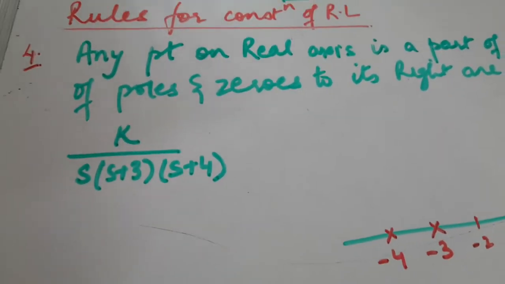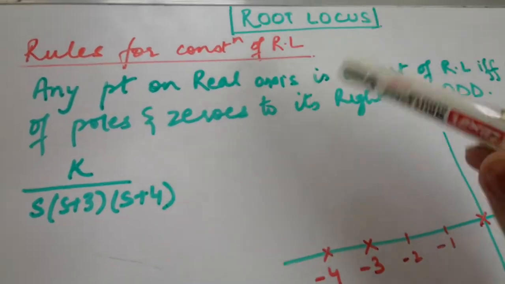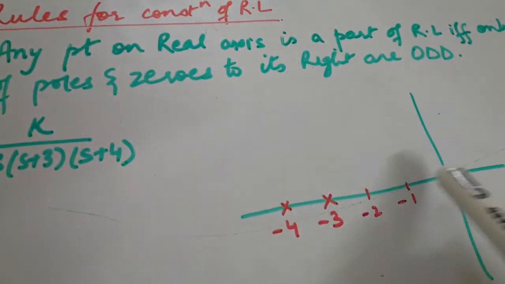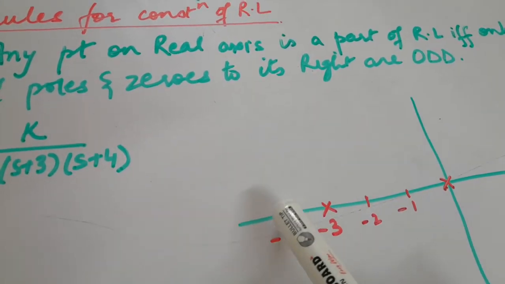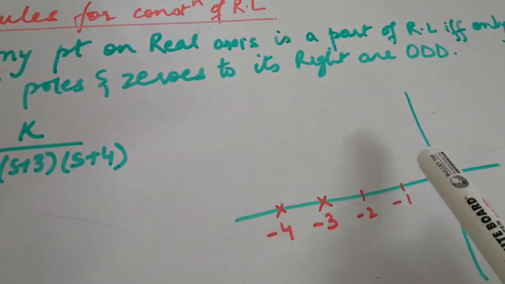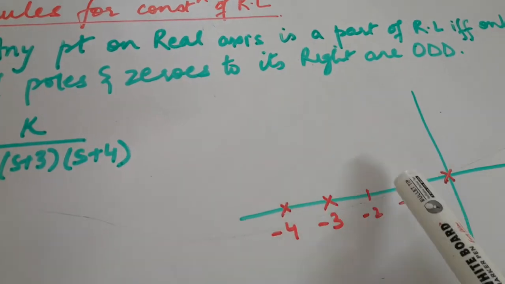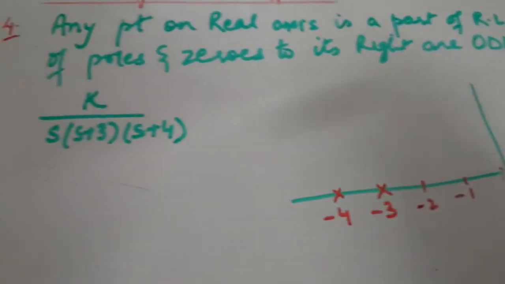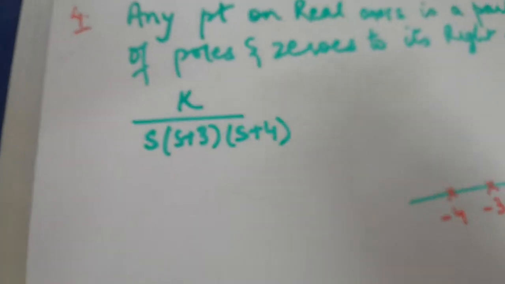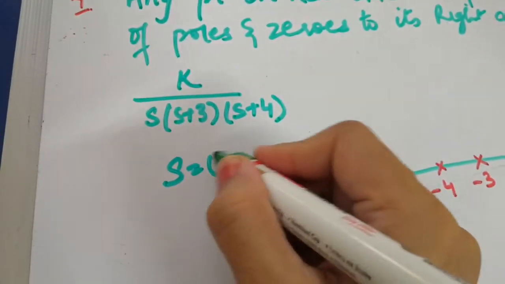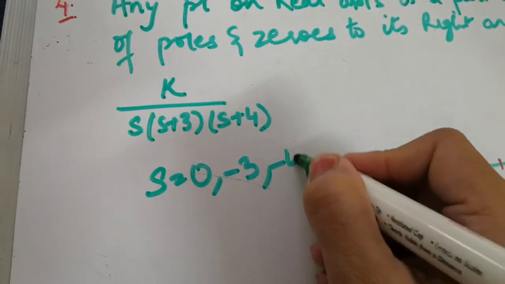Now we come on to the next important rule that says that any point on the real axis is a part of root locus if the number of poles plus zeros towards its right side is odd. Just see here, I have taken this example. We have 3 poles. They are at s equals 0, minus 3 and minus 4.